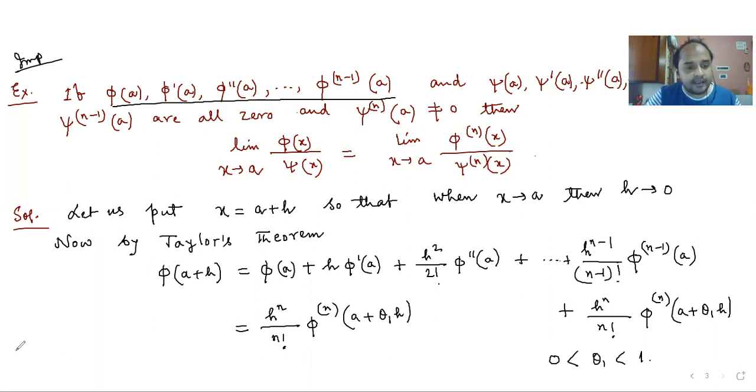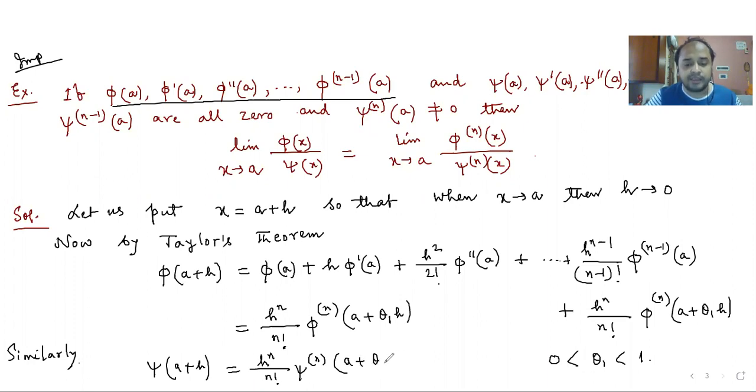And similarly, if you expand ψ(a+h), with a similar logic you get ψ(a+h) equal to hⁿ/n! ψⁿ(a+θ₂h), where θ₂ is also a number lying between 0 and 1.